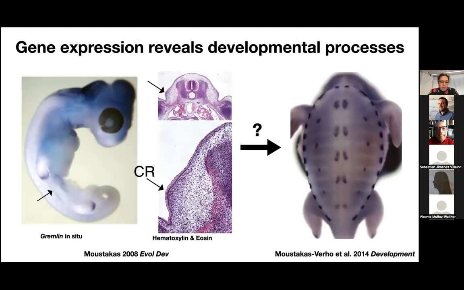So one way I've been studying this is through the use of gene expression. So I've been studying the turtle embryos to follow the development of these structures. And gene expression is letting us know what types of molecular regulation is happening during the formation of these structures, but it's also a way to visualize them.